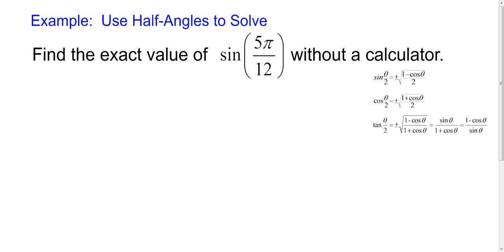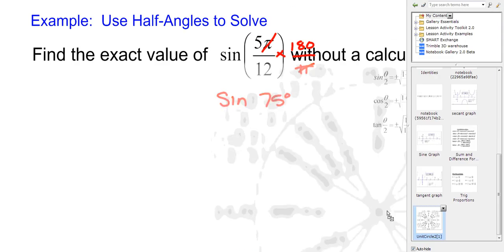Remember that to convert something that's in radians to degrees, you multiply this by 180 over pi. So this becomes sine, if I cancel the pi's out, 5 times 180 divided by 12, which becomes sine at 75 degrees. And if we think about our unit circle, we do not have 75 degrees on it.